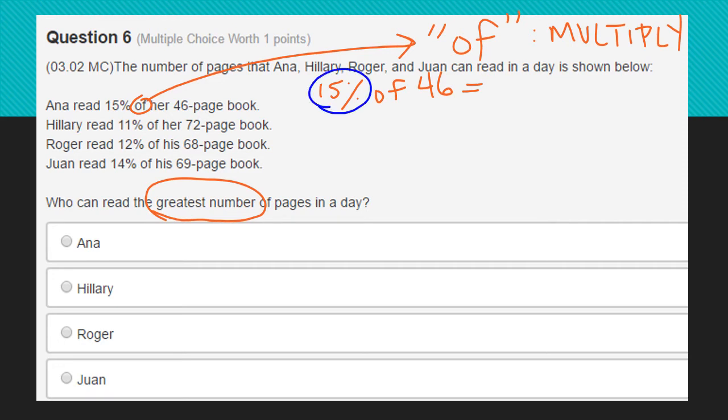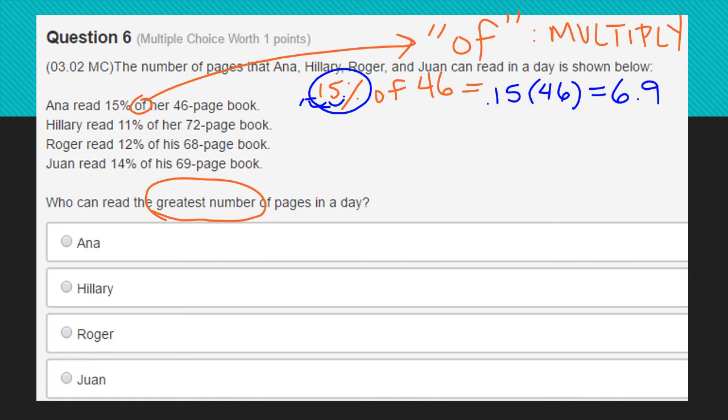We have to move the decimal first. If the decimal is not shown in this picture, you can assume it's at the end. And remember, we move it 2 places to the left. So this means we have 0.15 times 46. If we do 0.15 times 46, that gives us 6.9.